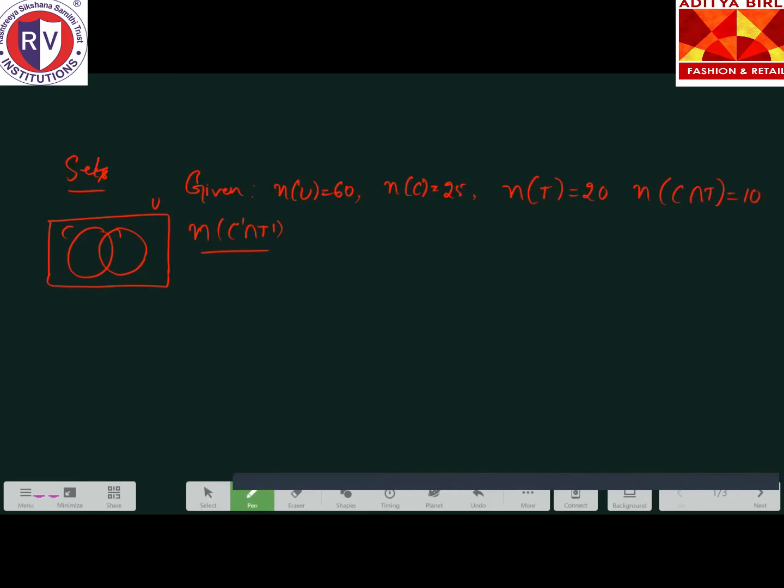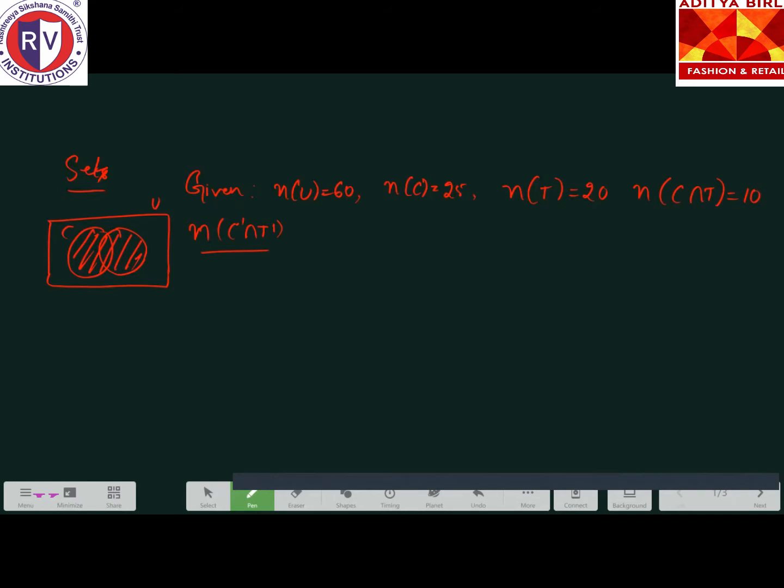To find N of C dash intersection T dash, first we are supposed to find N of C union T, because it is not given. C union T will be this entire region, and whatever is outside C union T is the number of students who play neither cricket nor tennis.